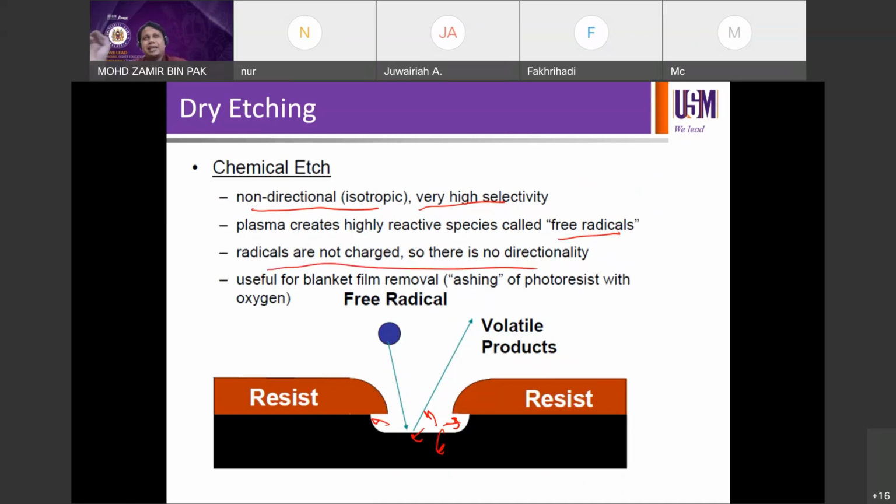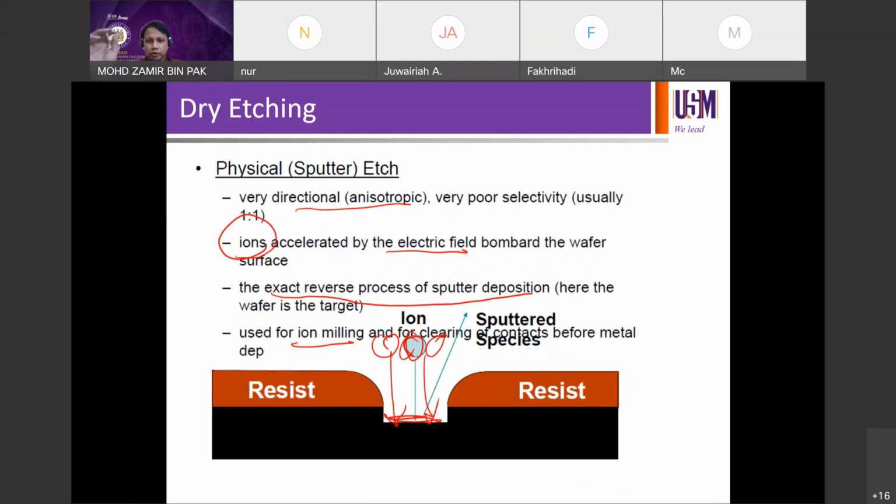Okay, so the key here in this chemical etch dry etching, kita pakai radical. And radical there's no charge, so there's no directionality because you cannot accelerate the radicals into one specific direction, the way you accelerate ions using electric field in the physical etch.